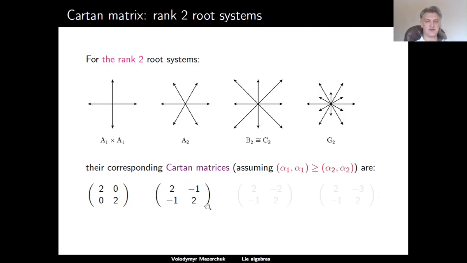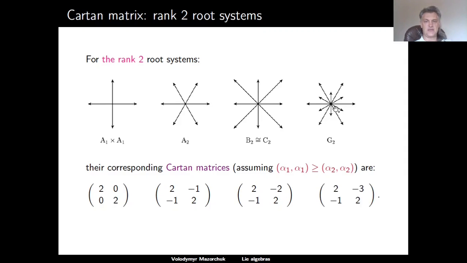So the Cartan matrix has 2's on the diagonal and minus 1's outside of the diagonal. The next root system, the one of type B2, the basis consists of these two vectors. They have different lengths, and so the Cartan matrix will not be symmetric anymore. So it has 2 on the diagonal, and the angle bracket in one direction will be minus 1, and in the other direction will be minus 2.